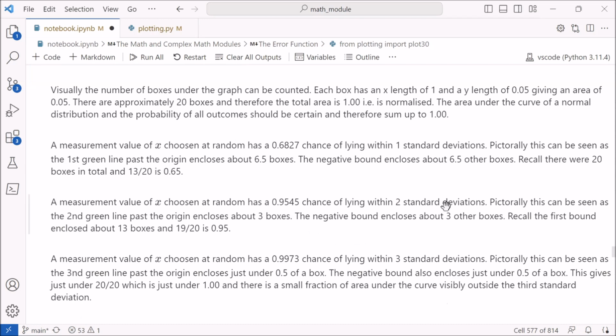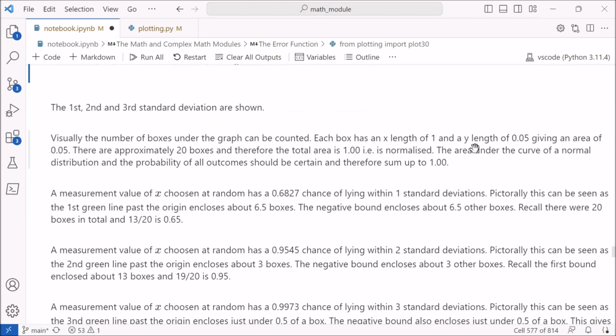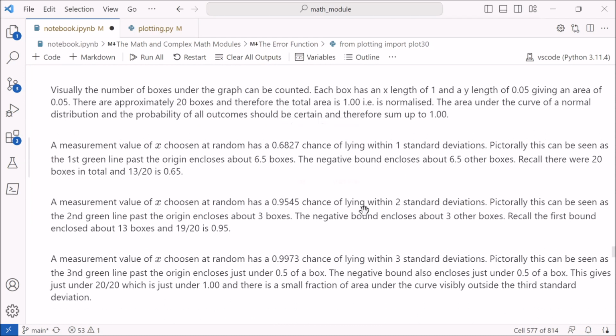If we have a look at two standard deviations, we've essentially got 3 other boxes here and 3 other boxes here. That gives us 19 out of 20, which is 0.95. So we've got approximately 95% chance of lying within 2 standard deviations.